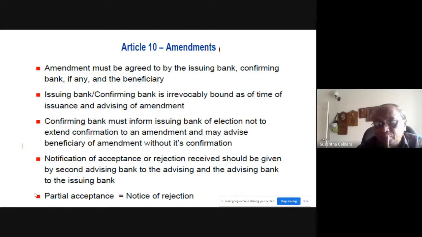When an issuing bank has issued an LC, are they irrevocably bound to issue any amendment?